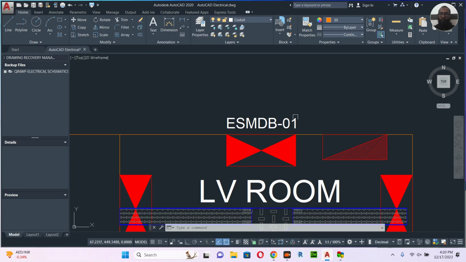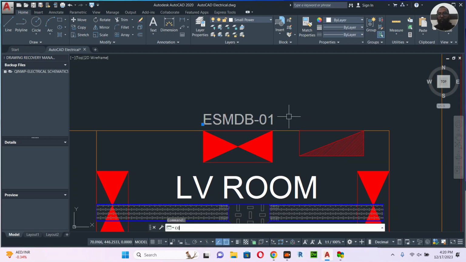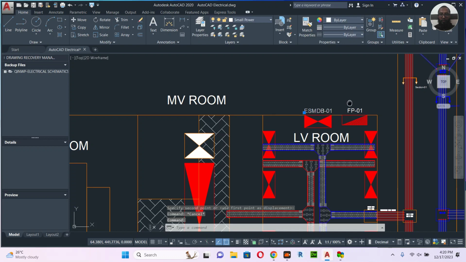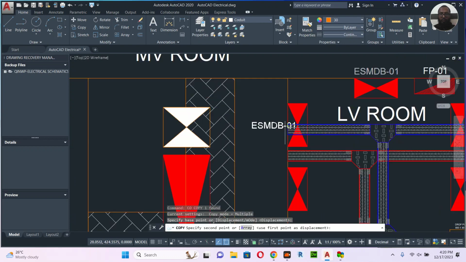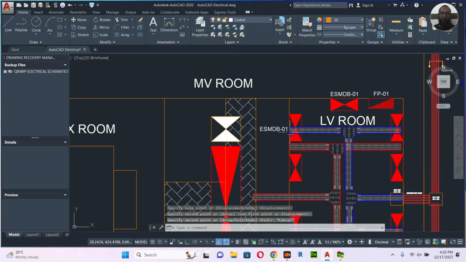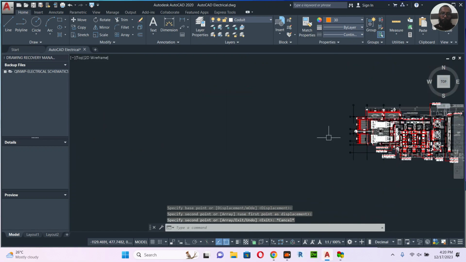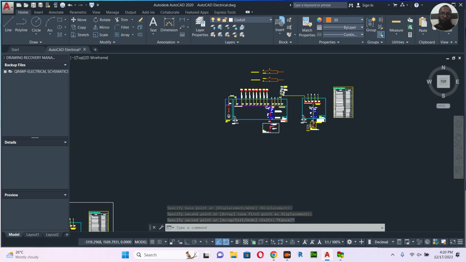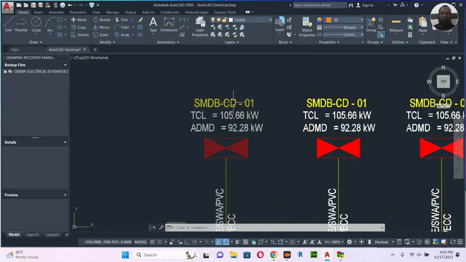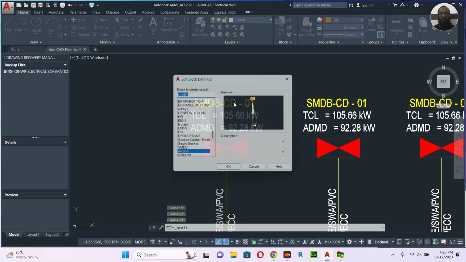And this is feeder pillar, so we will name it FP01. Okay, no problem. So we will put a name. What name do we use here? SMDB. Oh, it's a block.